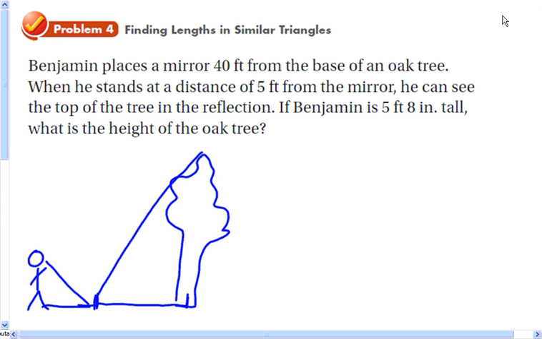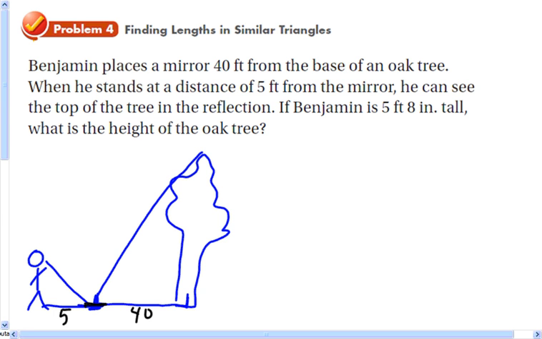Okay, so this drawing isn't to scale, but I'll fill in some values. The mirror is right here, in black, so there's the mirror. From the mirror to the base of the oak tree is 40. From Ben to the mirror is 5 feet.